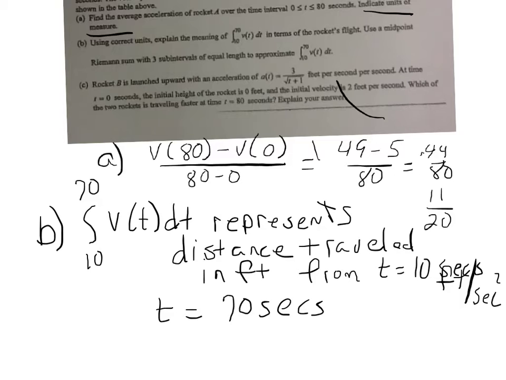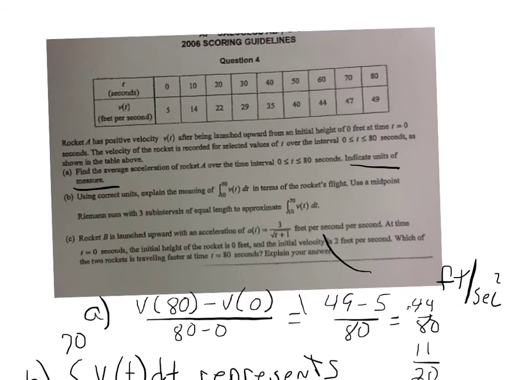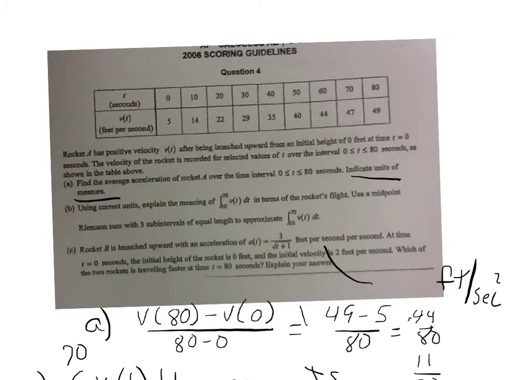Okay, are we through with this question? No. What else does it ask, Andrew? Use a midpoint Riemann sum with 3 subintervals of equal length to approximate the function. Okay. So if we're going to use a midpoint Riemann sum with 3 subintervals, can we evenly divide this into 3 subintervals from 10 to 70?